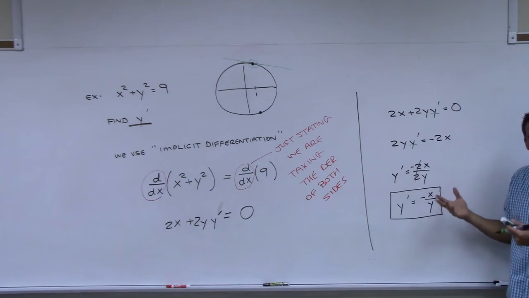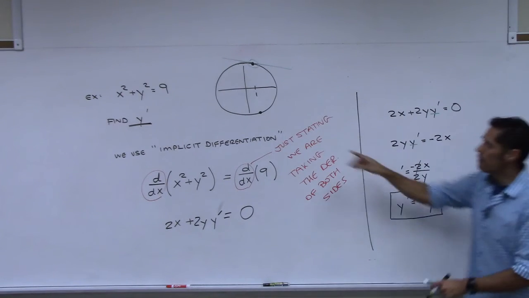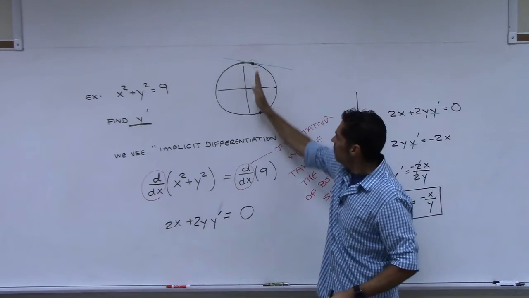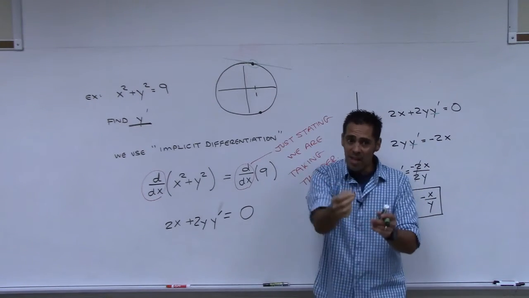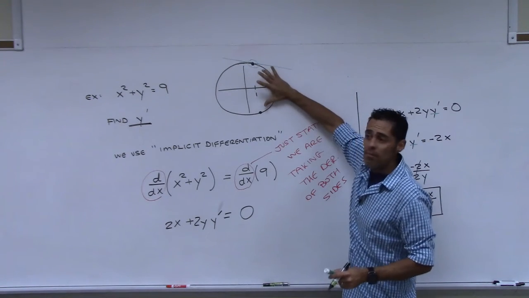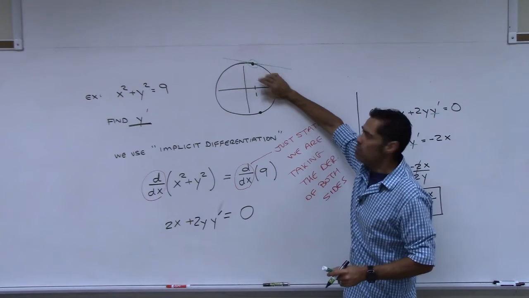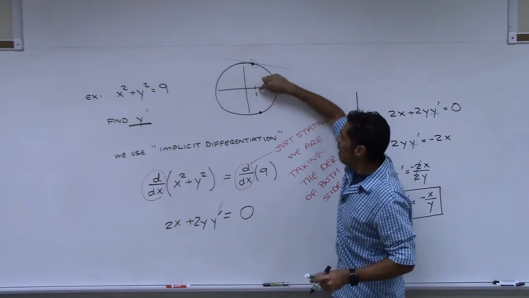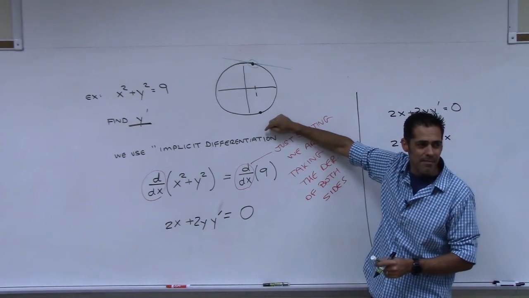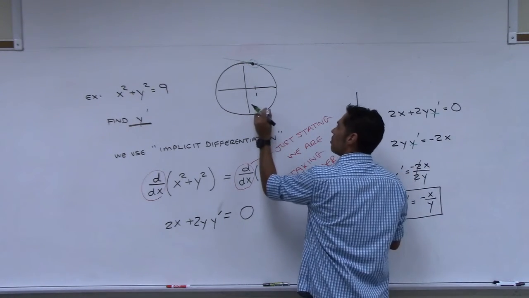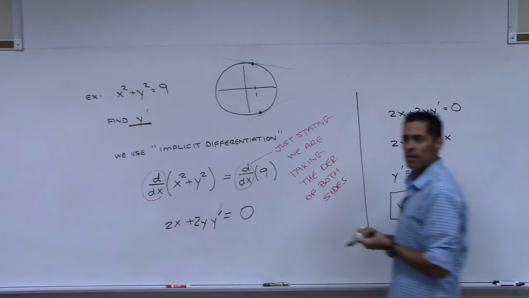Do you see why we would need the x and y? Look at this one right here. Don't these have the same x coordinates? So by giving you just the x coordinate, you shouldn't be able to give me the derivative. You should have to give me both the x and the y so I can distinguish between this point and this point. That make sense? So we should get different answers for those two, right?